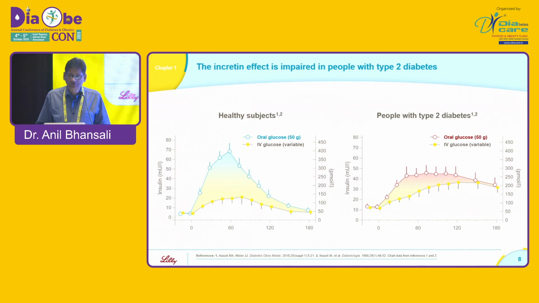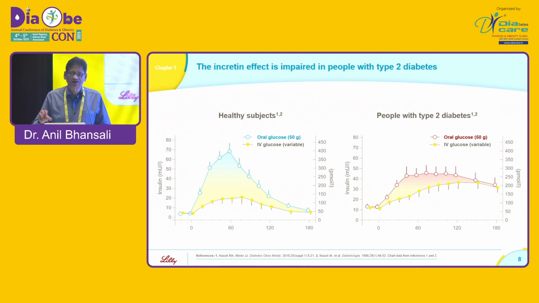Why is there a GLP-1 deficiency in type 2 diabetes? It is partly attributed to gastroparesis. Because of the gastroparesis, the exposure of the nutrients to the duodenum or to the ileum is delayed. That's why the response is less. In addition, people have also talked about L cell and D cell glucotoxicity.